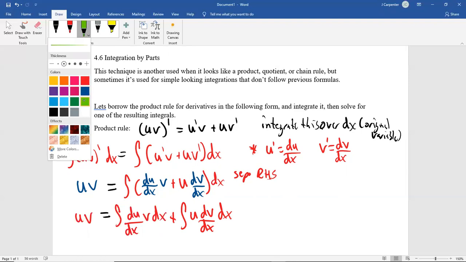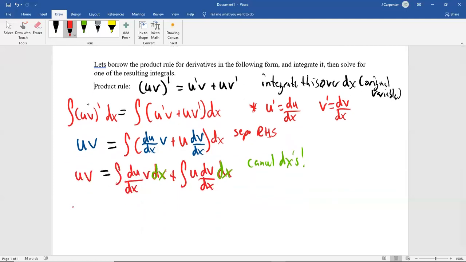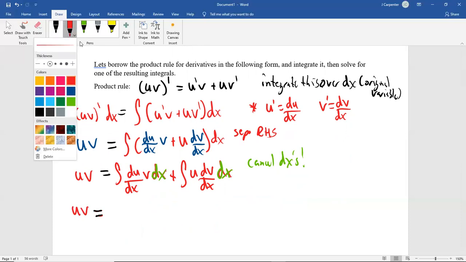Again, the main thing that's really happened here was I distributed the dx, and now that I have it distributed, I make it two separate integrals. Well, look at this. You've got a dx in the top and bottom. You can cancel the dx's. So now what we get is uv equals, again, I'm canceling the dx's.